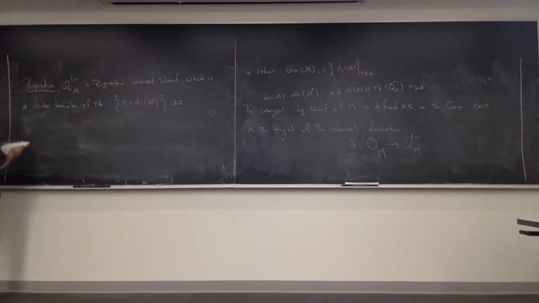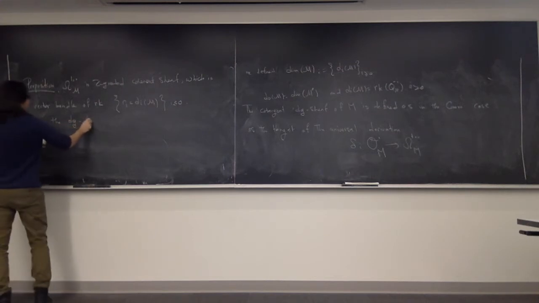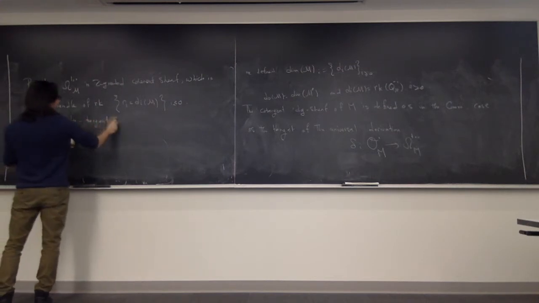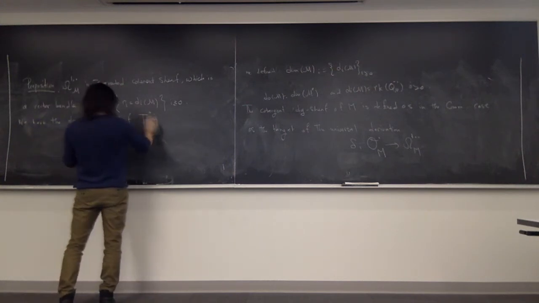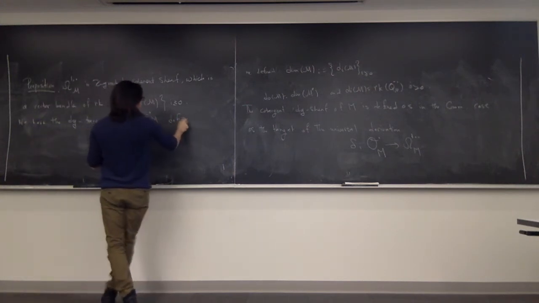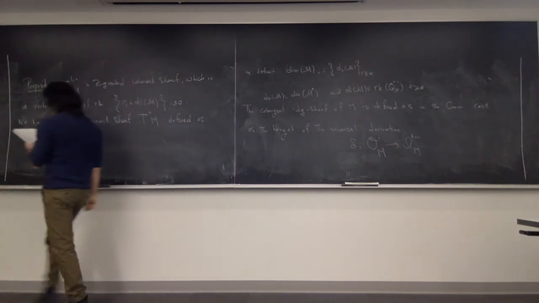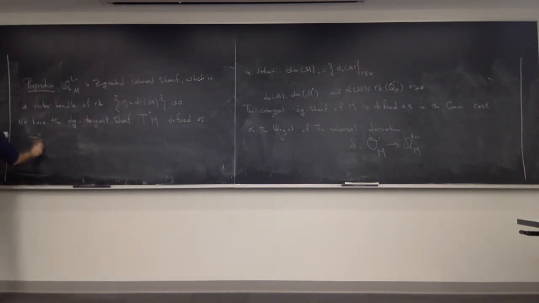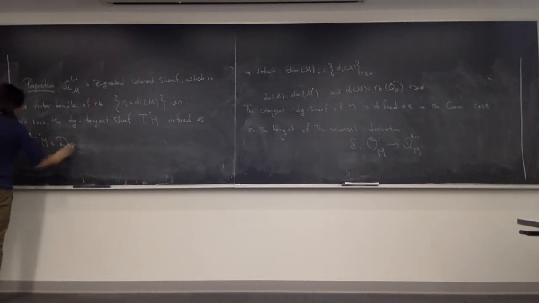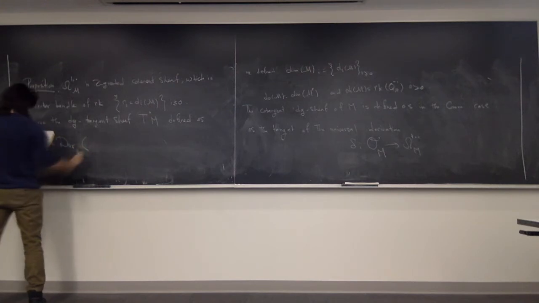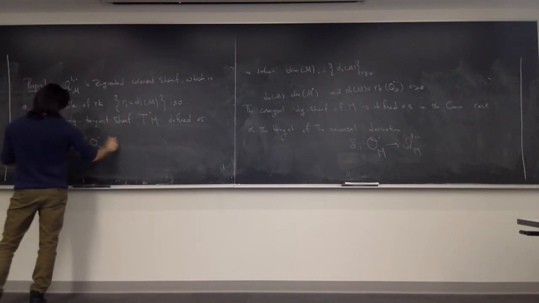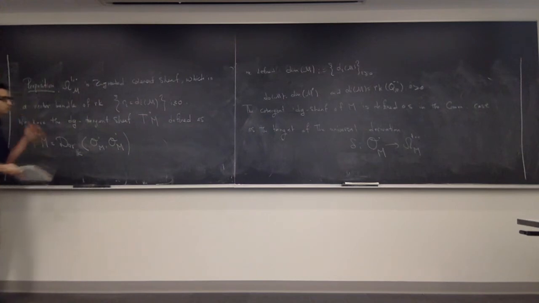So let's see, we have the DG tangent sheaf T dot of M, defined as derivations over our underlying field from O dot of M back to O dot of M, and this is really the composition.